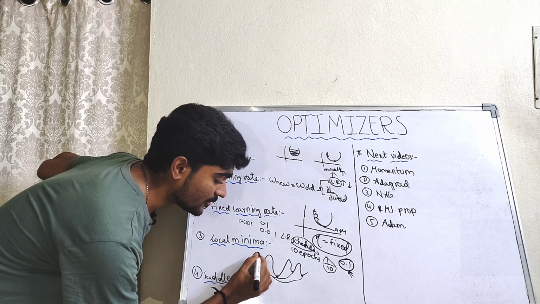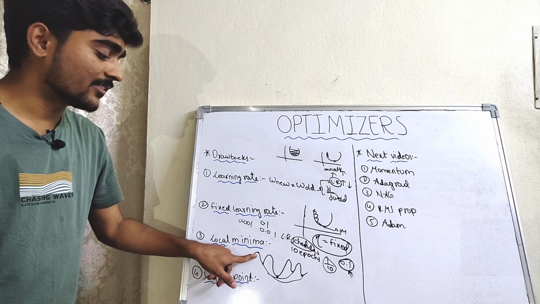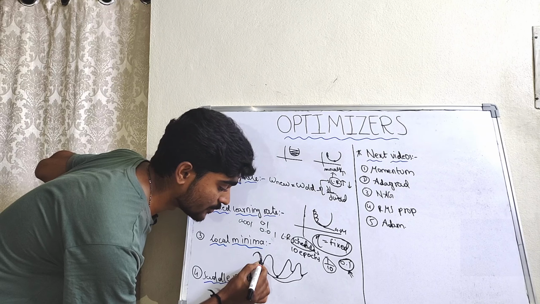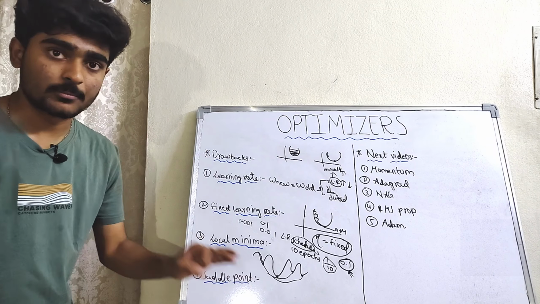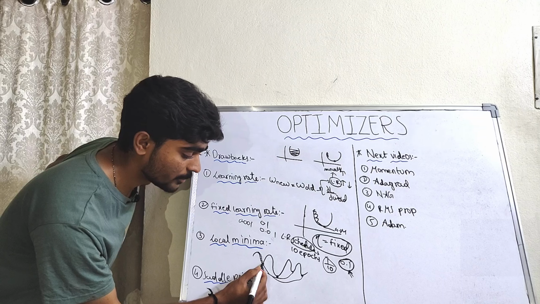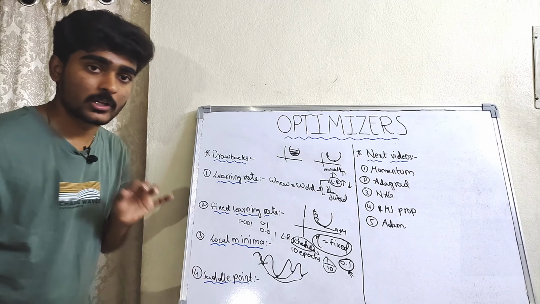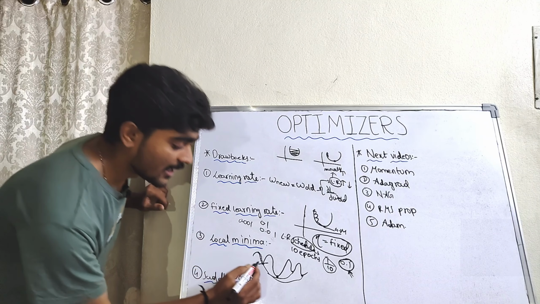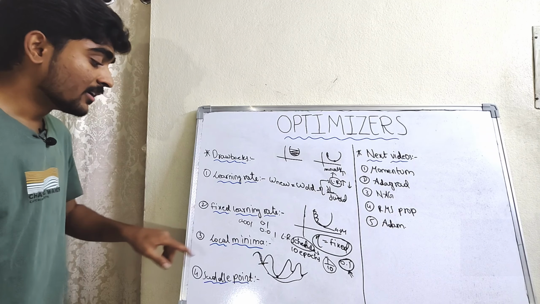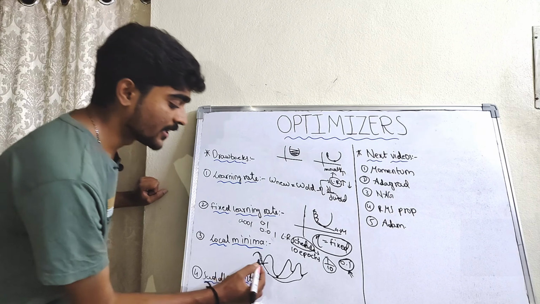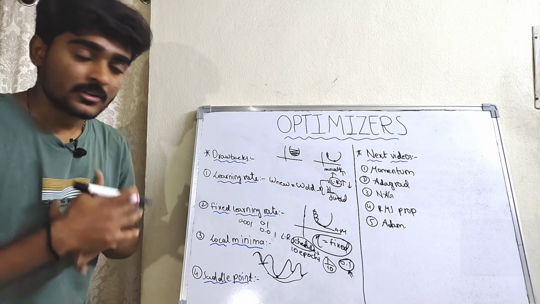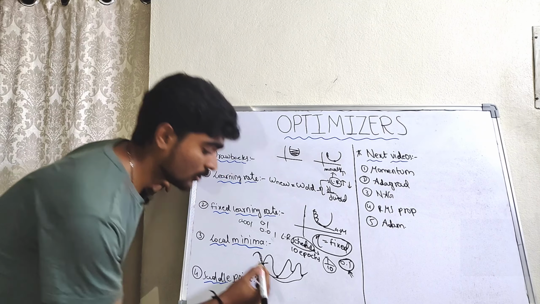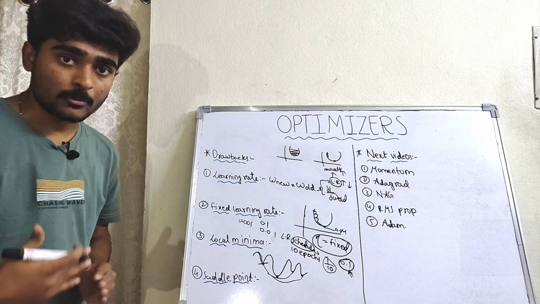Now let us say gradient descent initially starts from here. It takes steps and reaches this local minimum point. After reaching this local minimum point, as the slope at this point is 0, the weights and bias are not updated here. That means my gradient descent algorithm thinks this is the global minimum point and it should stop here.